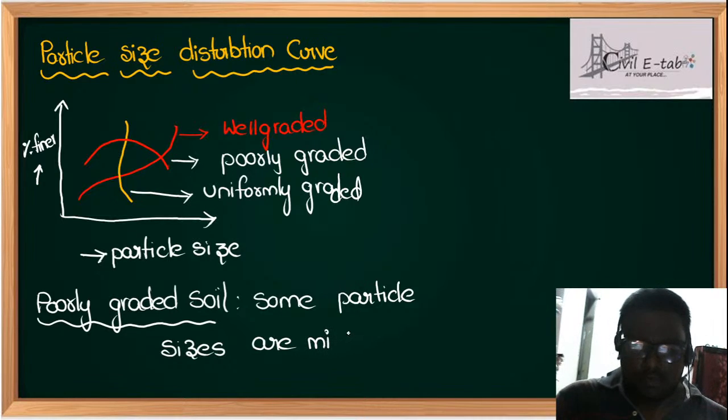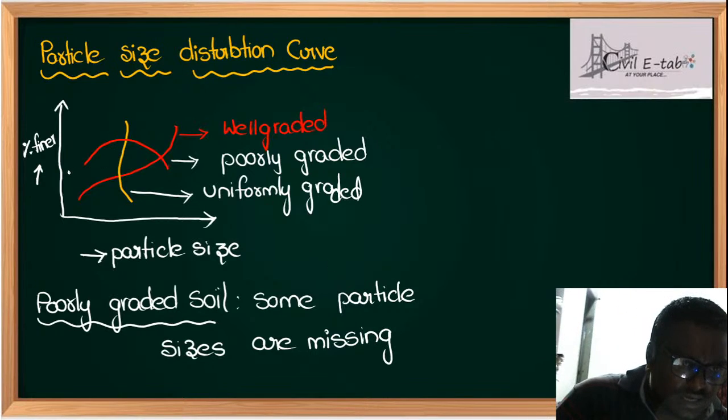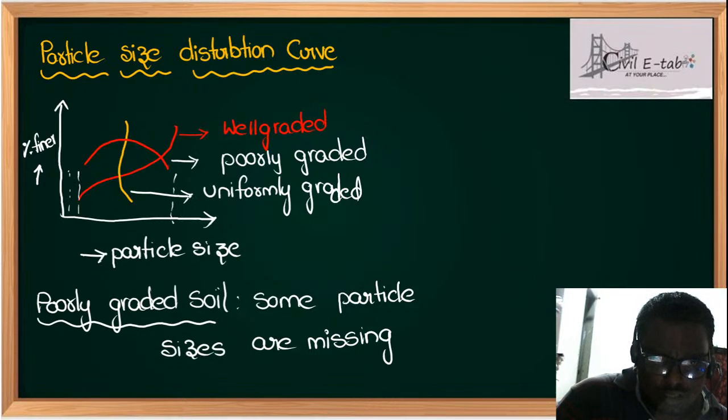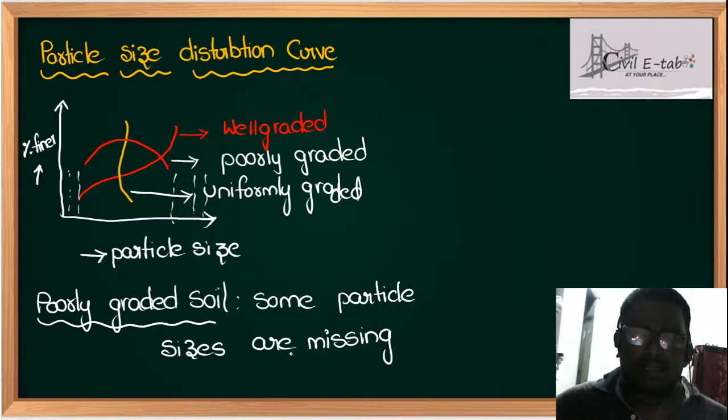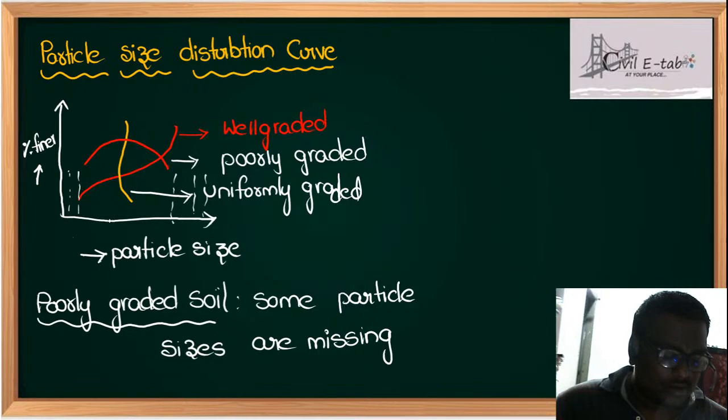You should be very clear on this one thing. When I draw the particle sizes here, these particle sizes are not there, which means there is some gap here. So some particle sizes are missing. That is what you have to remember, student.